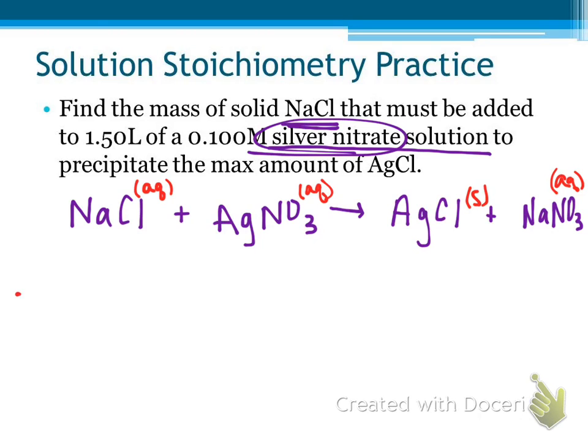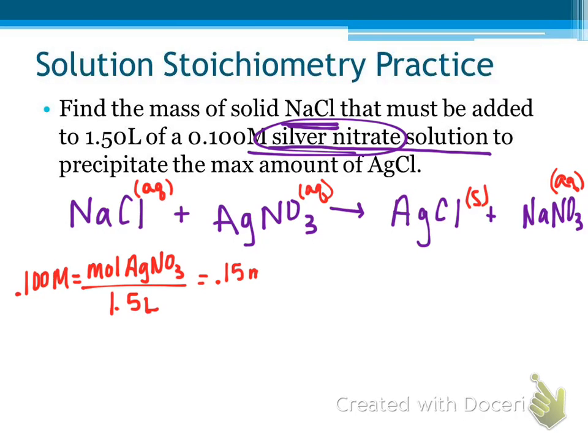We take our 0.10 molar solution, and we find out how many moles of AgNO3 are in that 1.5 liters. Okay, so that gave us 0.15 moles of AgNO3.